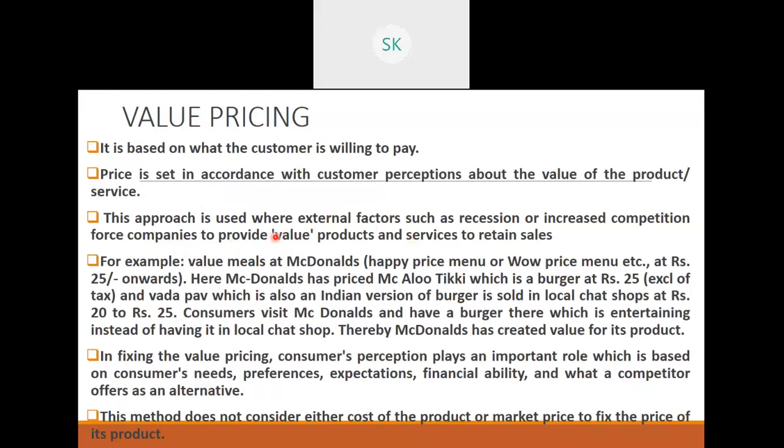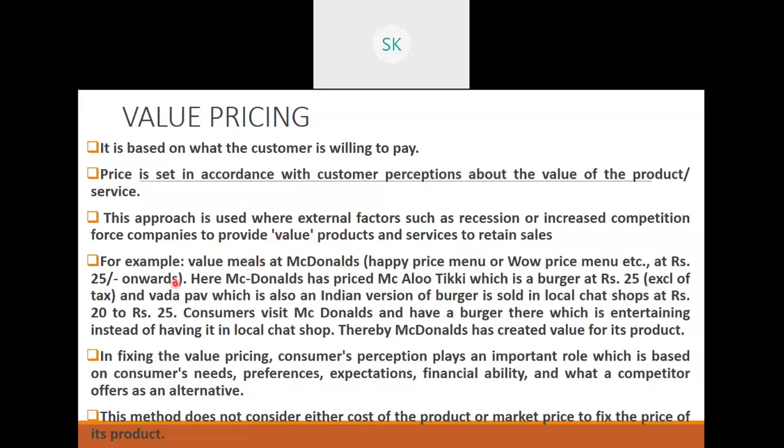Certain days people had money but the shops were not open. So all these are external as well as internal factors that will make us change the pricing of the product. Certain times a little variation also must make the customers think it is value pricing. Okay, so that is the next point.